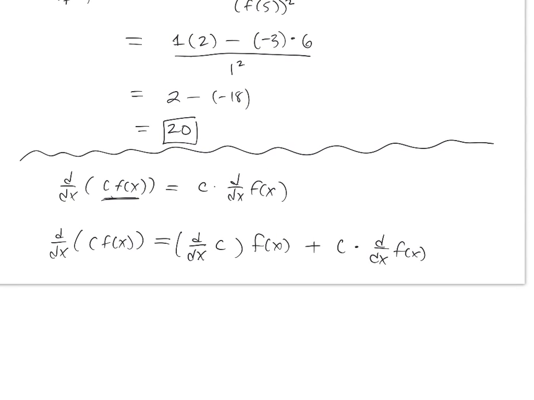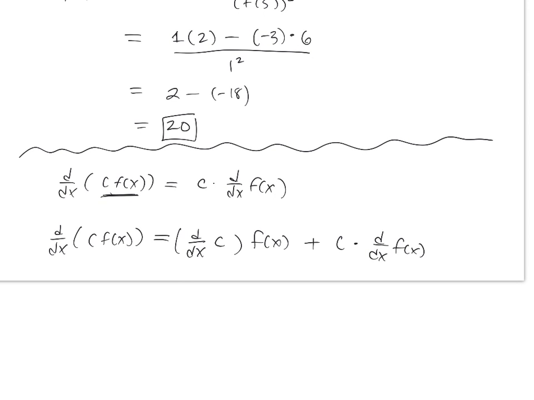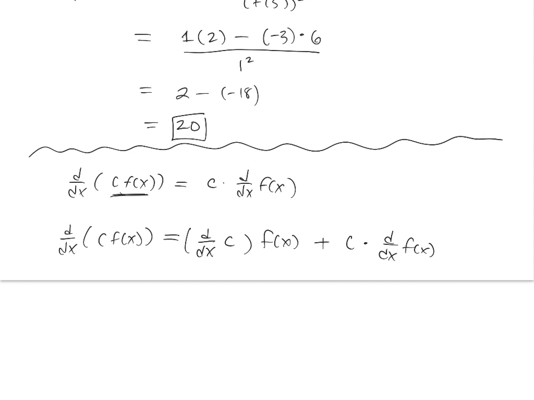Do you see how that would be using the product rule? Like c is my first function, f is my other function, right? What is the derivative of a constant? 0. So you have 0 times f of x plus the constant times the derivative of f of x. What happens to that first term?